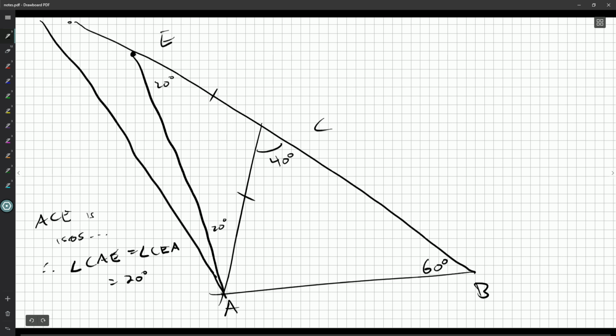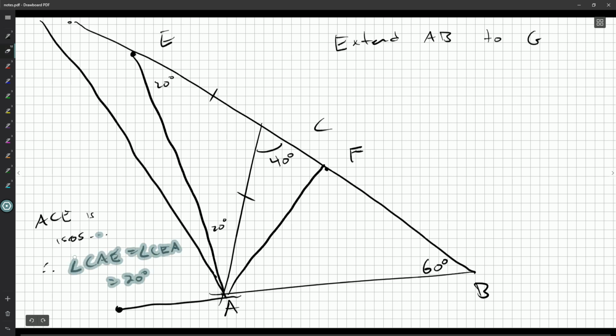I'm going to pick point F here, make a nice little inside equilateral triangle, and I'm also going to extend AB to G, and we'll get rid of this work here.